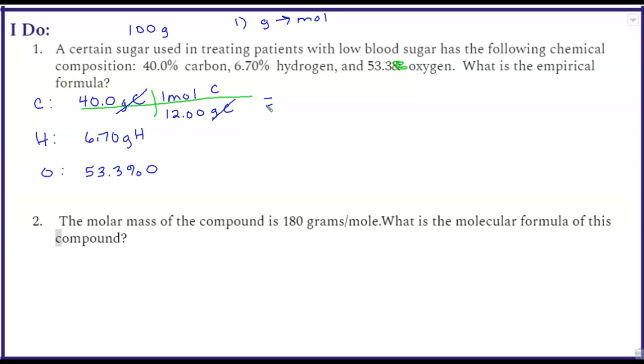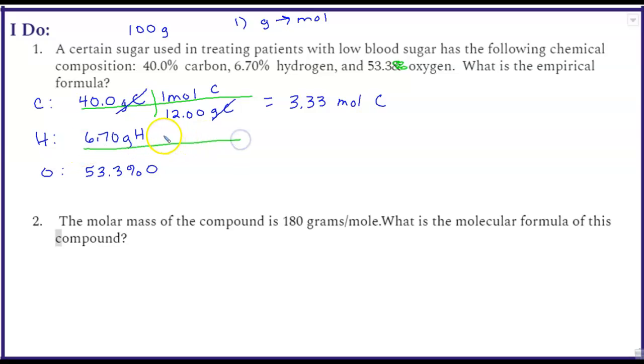So we're going to go ahead and take 40 divided by 12. And you want to round it to 3 significant digits. So in my case, I have 3.333 repeating. And so the answer here would be 3.33 moles of carbon.